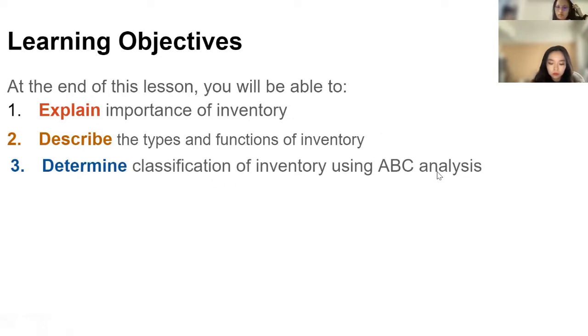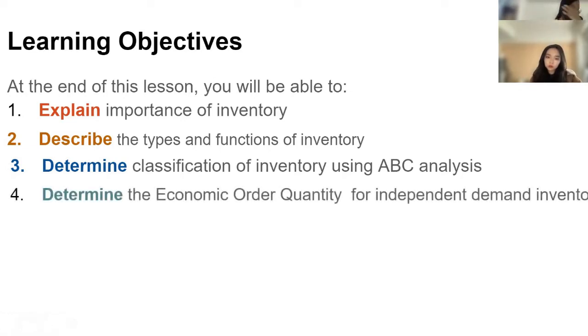So the keyword is method for classifying inventory. Once you know the importance, once you know the types of inventory, then you want to classify, then we are going to determine a model. We call it inventory model for independent demand.